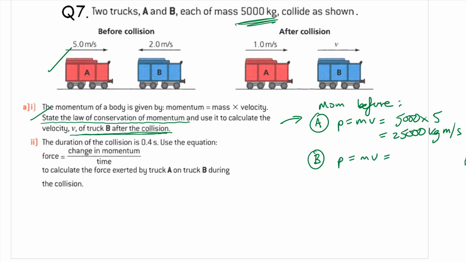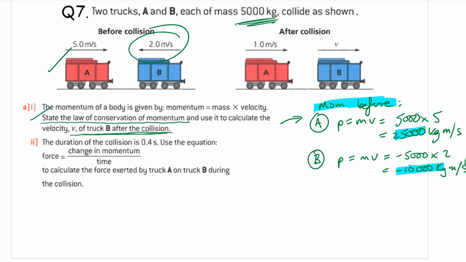M times V. But of course it is moving in exactly the opposite direction, so we're going to give this a negative value, so it's minus 5,000 times 2, which gives us minus 10,000 kilogram meters per second. Now, if we want to know the total momentum before the event, we add these two values together.